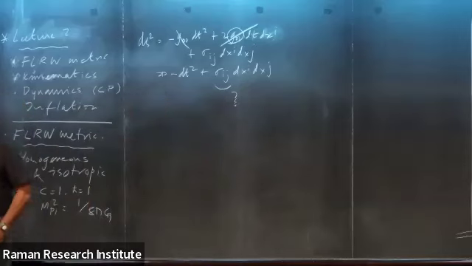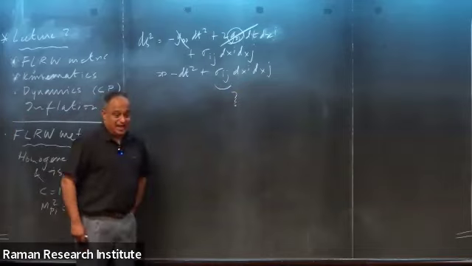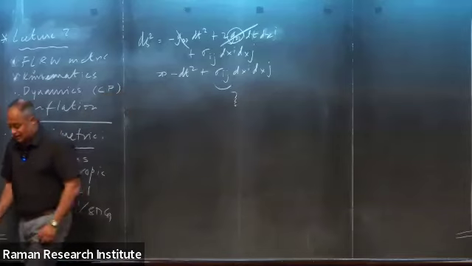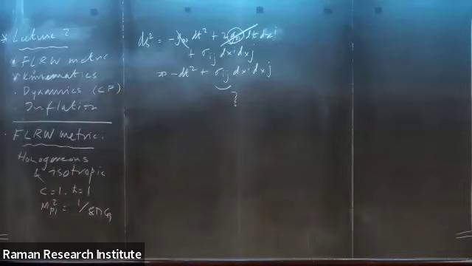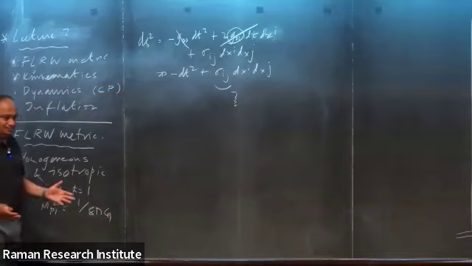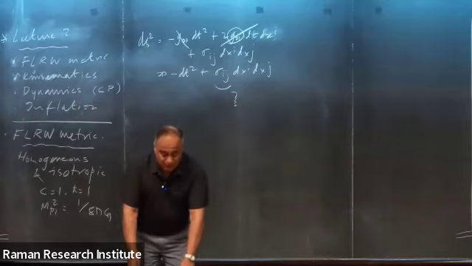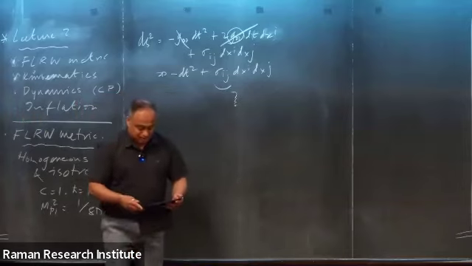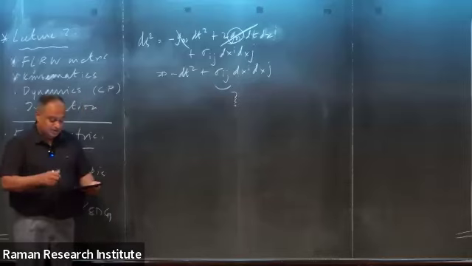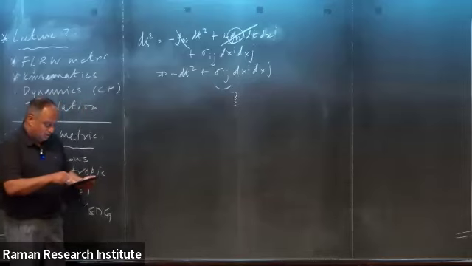Now, there is an exercise in GR which says that if you have a space or space-time of constant curvature, its Ricci tensor or Riemann tensor can be completely expressed in terms of the metric. I'm going to make use of this. I'm going to list this as an exercise. I would urge you to read up, textbooks on GR will illustrate this, okay? So what you can do is as follows.